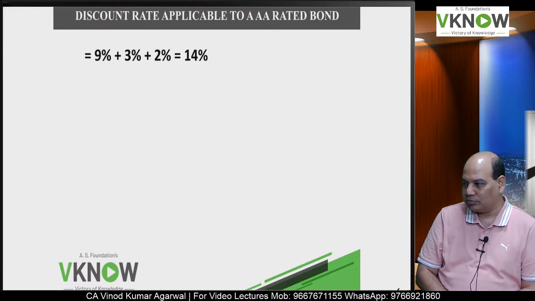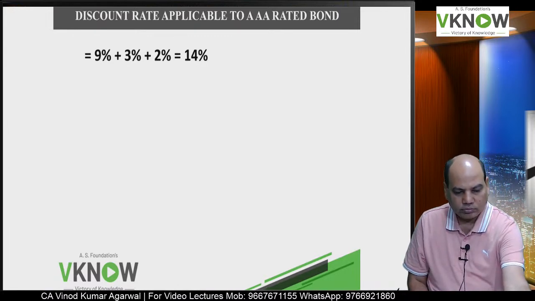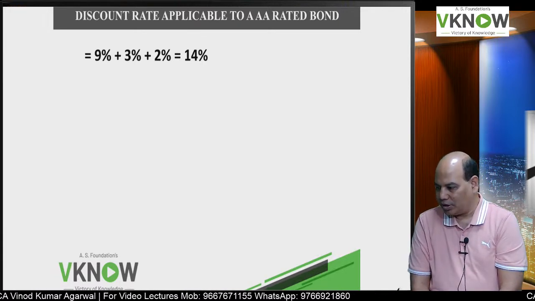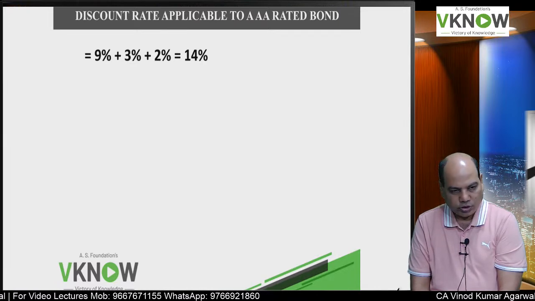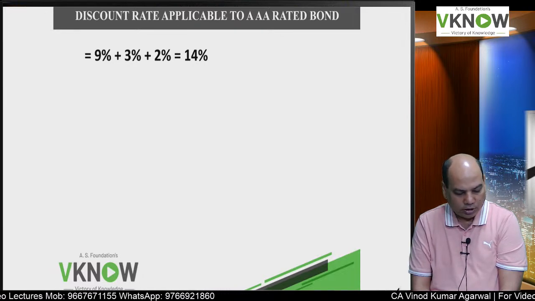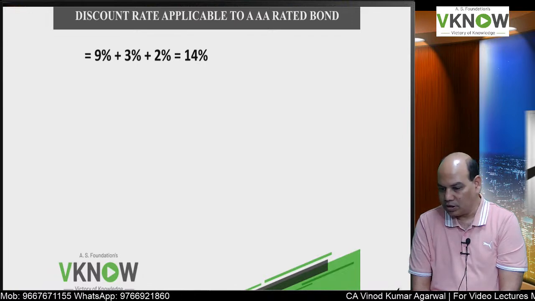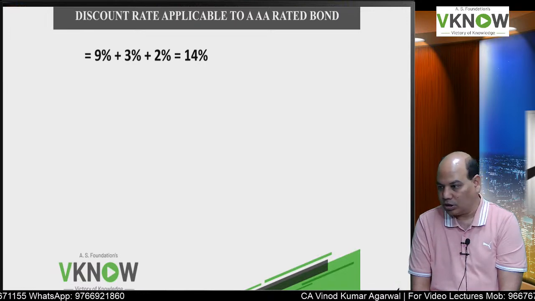First write down one small note. Discount rate applicable to AAA rated bond. 9% is for treasury bill, plus 3% is for AAA and plus 2% is for AA.